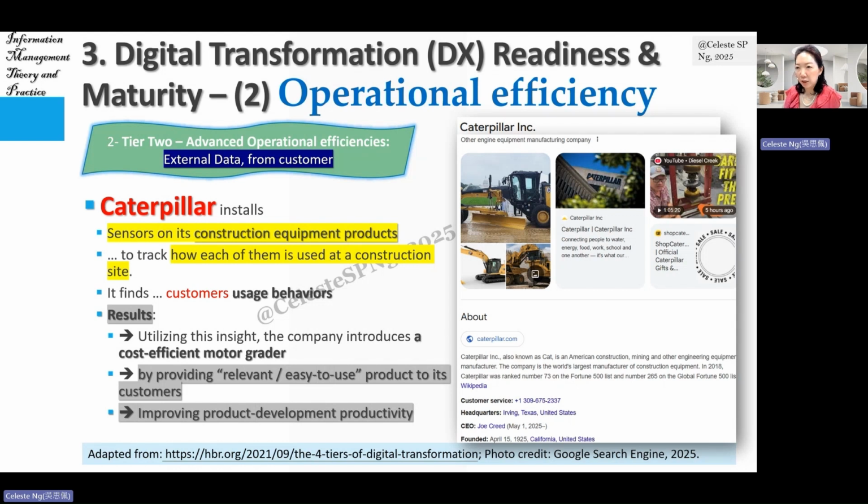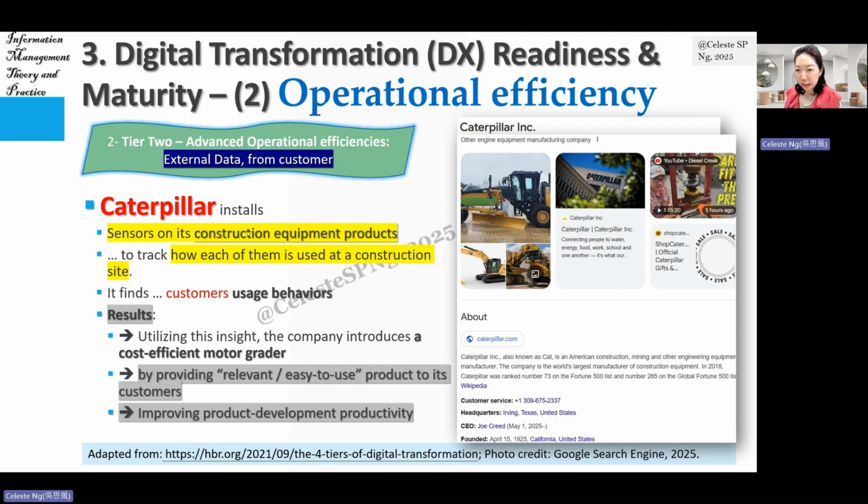And at the same time, or we can say more importantly, Caterpillar is using the sensor data in order to better improve the development of its equipment and the operations. Okay, making the equipment's operation much easier or more personalized to its customer.